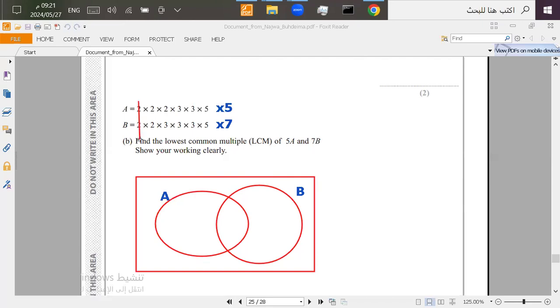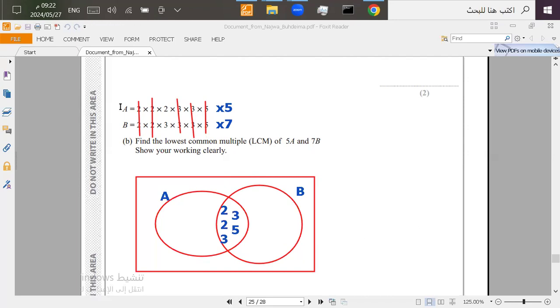The common ones: a 2, a 2, a 3, a 3, and a 5. For each pair, I take one, so 2, 2, and then 3, 3, and then a 5.